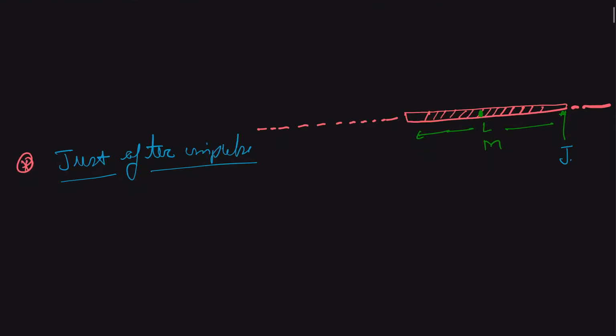Like we said, the length is L and the mass is capital M, and we have applied impulse J at one of its extreme ends.